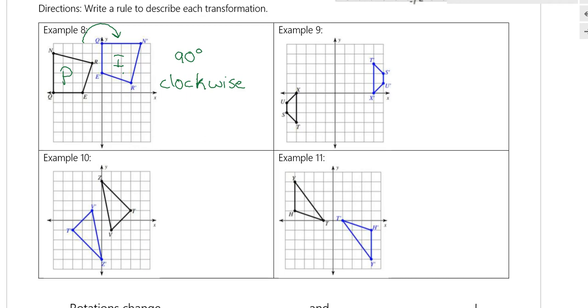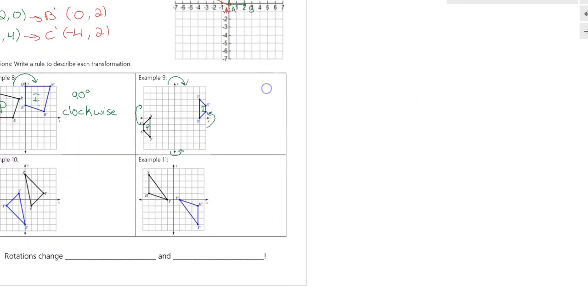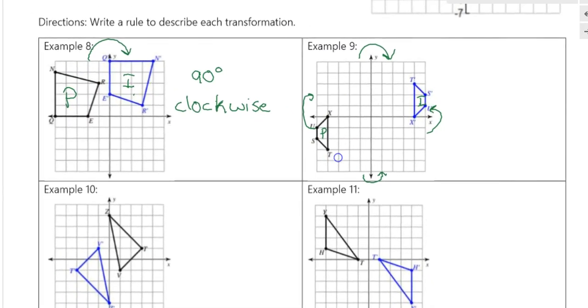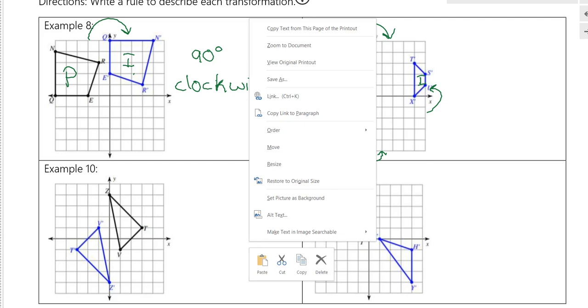Example 9, right? This is my pre-image. This is my image. It started at this quadrant. It moved and moved. Or you could say it went this way and then this way. So it moved 2 quadrants.